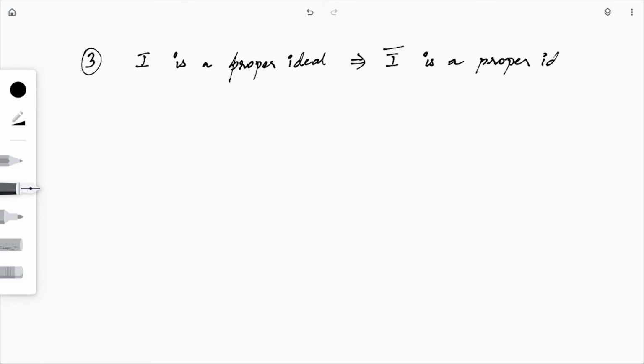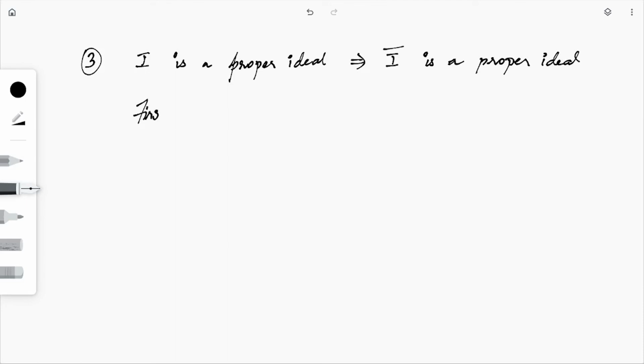Now let's see the proof of the last remark, that is, I is a proper ideal implies its closure is a proper ideal. Okay, so first we shall prove that if I is an ideal, then I closure is also an ideal.